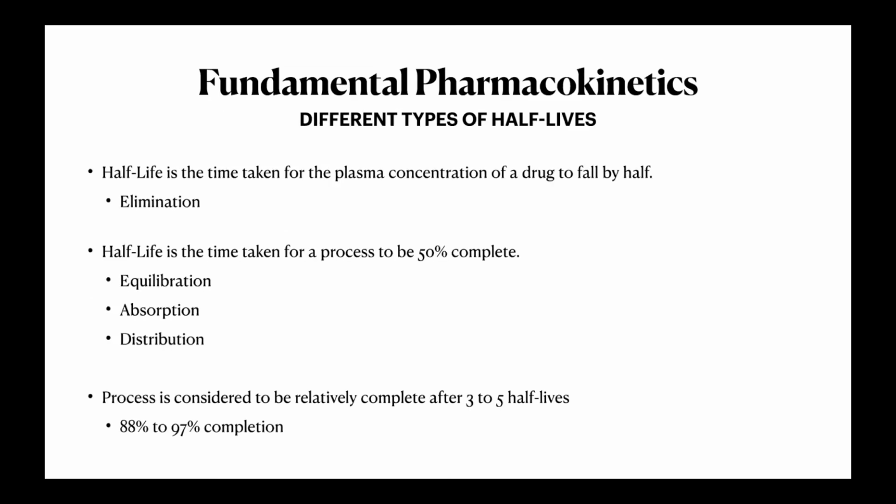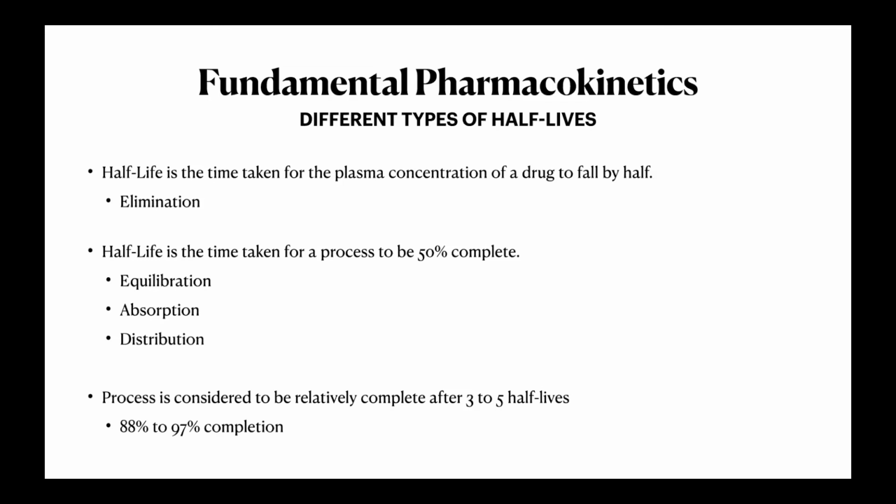Now, you will see different half-lives being presented. The half-life that we've been talking about for the previous slides has been the elimination half-life. That is the time taken for the plasma concentration of a drug to fall by half.